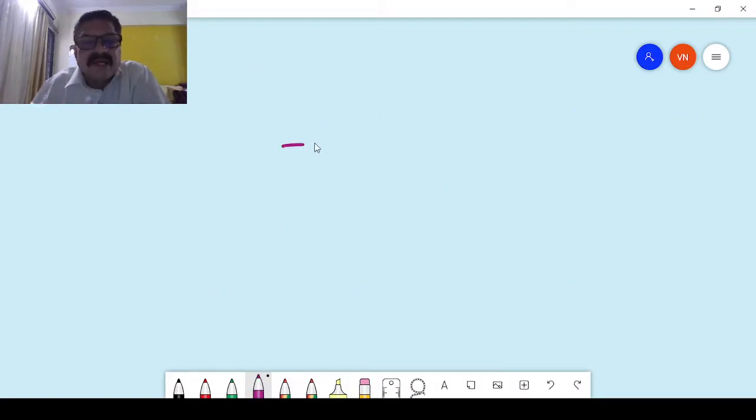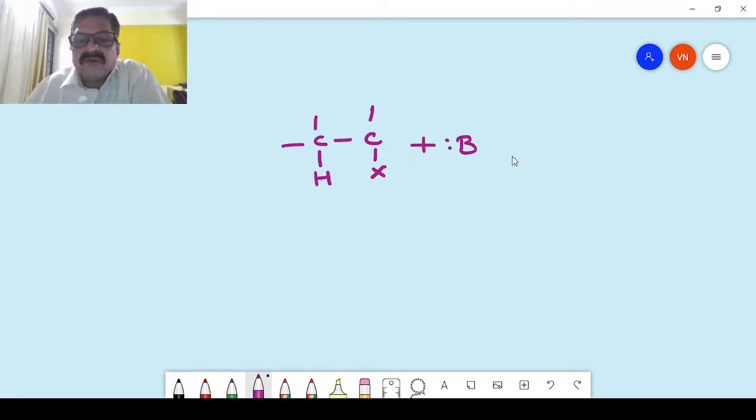Suppose we have this alkyl halide here. This is the one hydrogen. Then we have carbon and X. Now this is reacting with a base B. So a pi bond is introduced here. A new pi bond is formed, then an alkene is formed here.